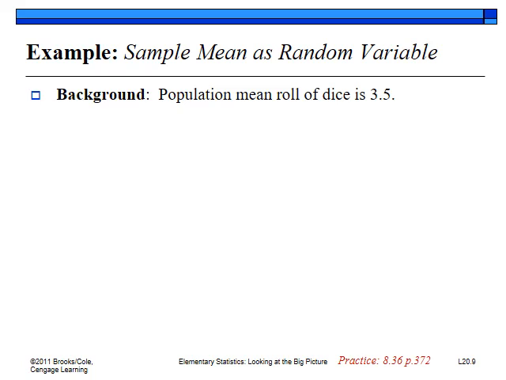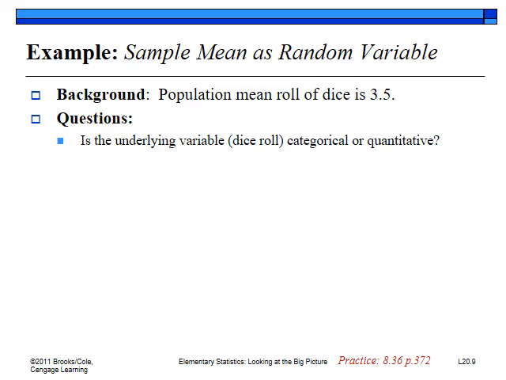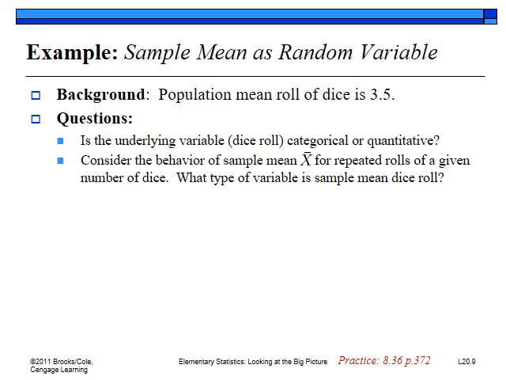Now, if I roll a die, overall the mean in the population is 3.5. That's what you get if you find the mean of the numbers from 1 to 6. So here are questions we might ask. Is the underlying variable, that is the result we get on the die, categorical or quantitative? What happens for repeated rolls?